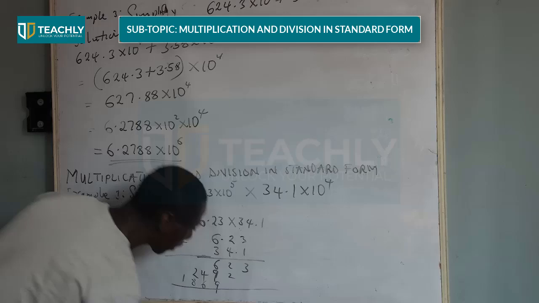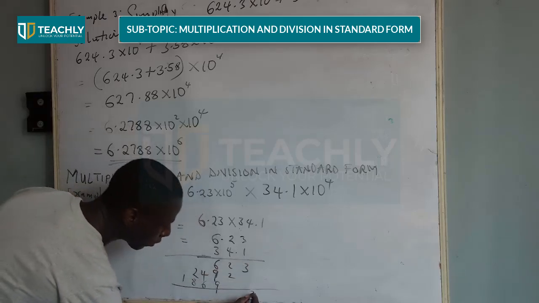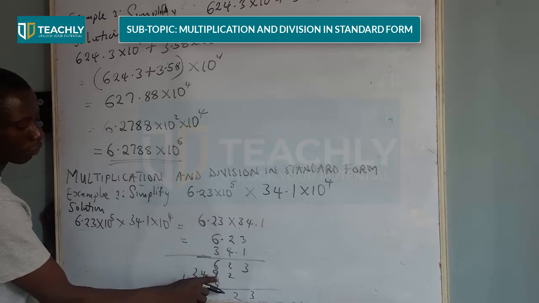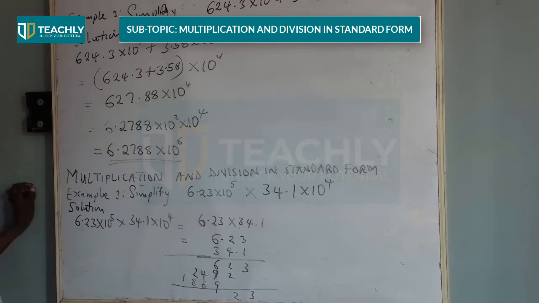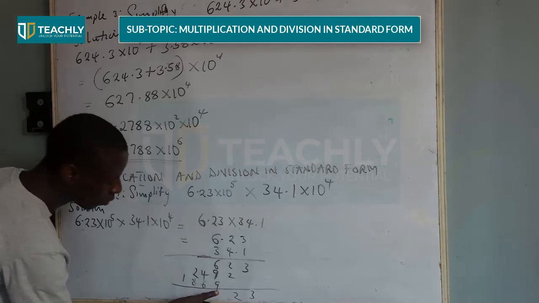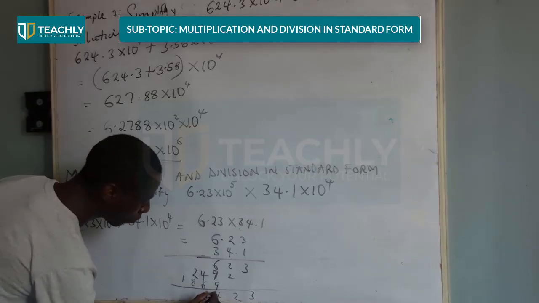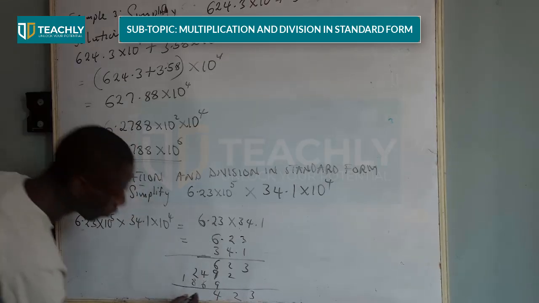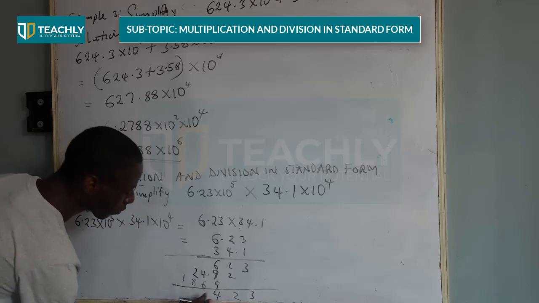And if you add it together, here we have 3, here we have 2. 6 plus 9, that is 15. 15 plus 9, that is 24. Bring that to here. 2 plus 4, 6. 6 plus 6, we have 12. Keep 1.